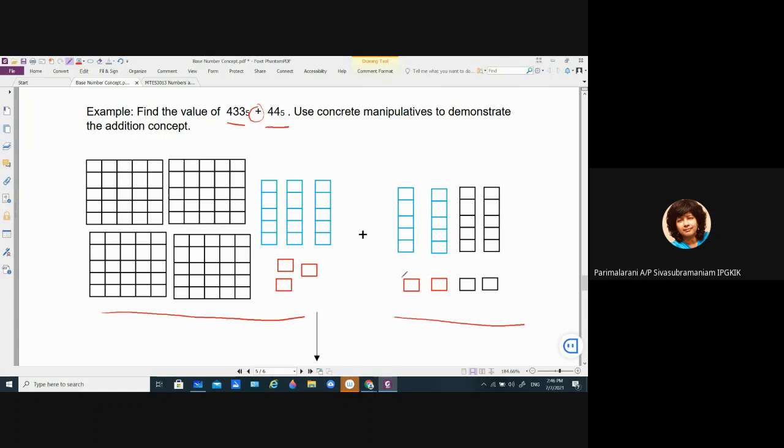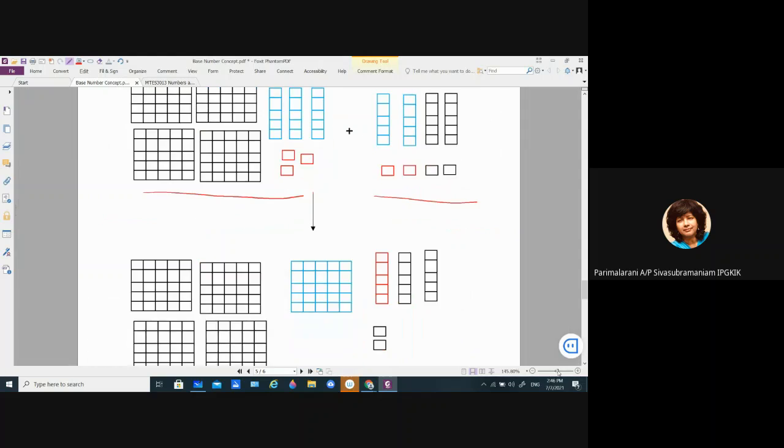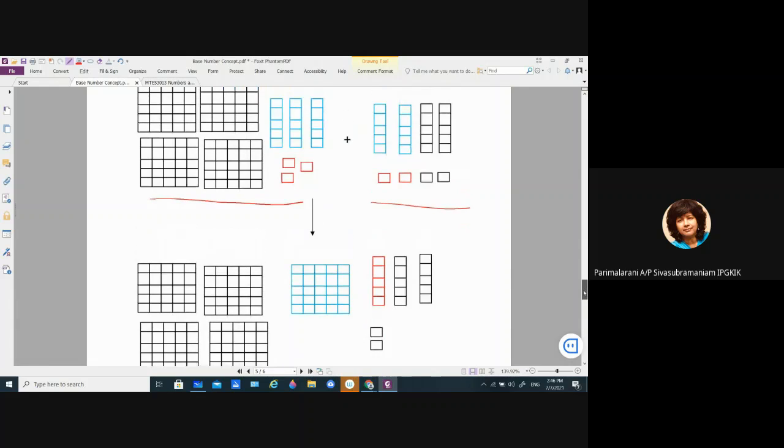Now we add together. Add means we bring it together. So we have 4 twenty-fives. These 3 fives combine with these 2 fives to make another twenty-five.